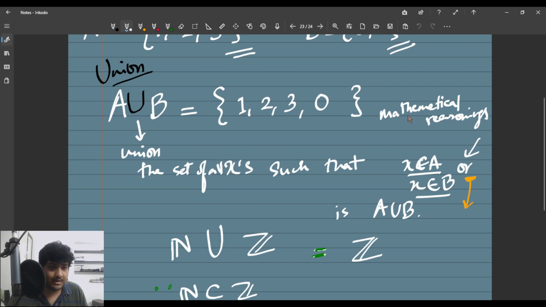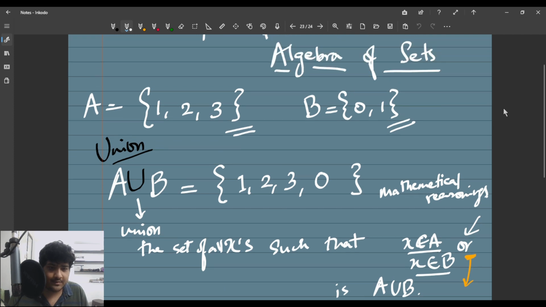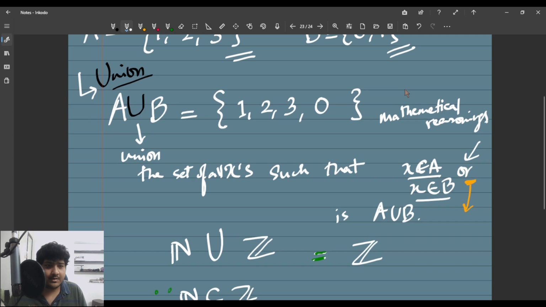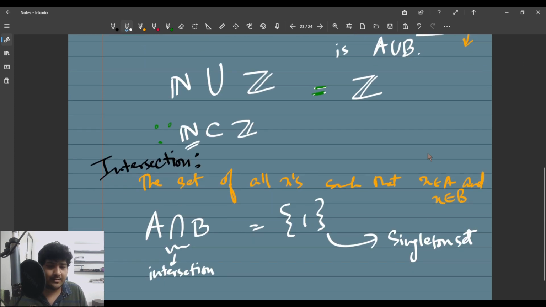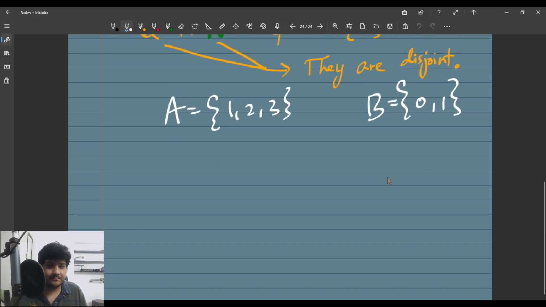There could be some other way you could have combined these two sets, and I encourage you to think of such ways, but it's a convention that union is this way of combining, and we assign it a symbol, we define the union. So you should understand the difference between a definition and just a mathematical fact.